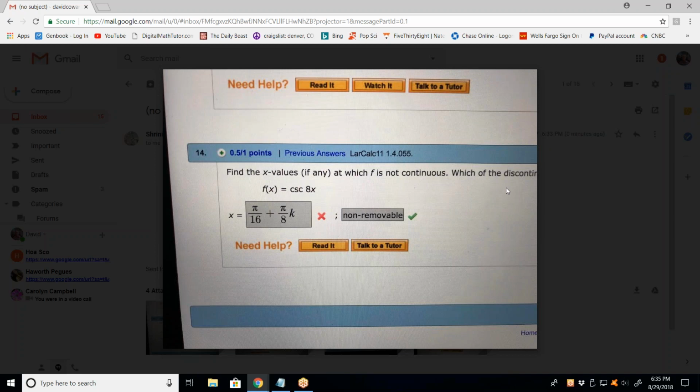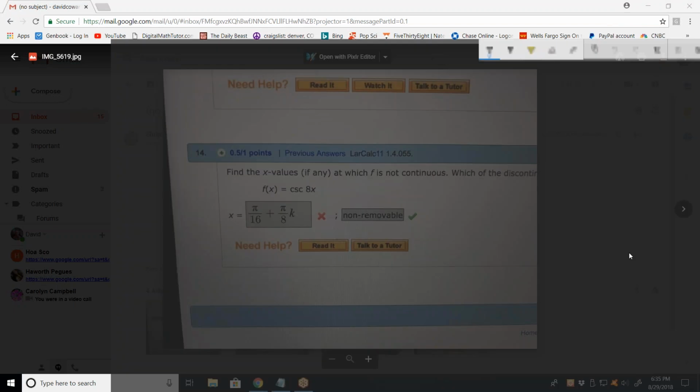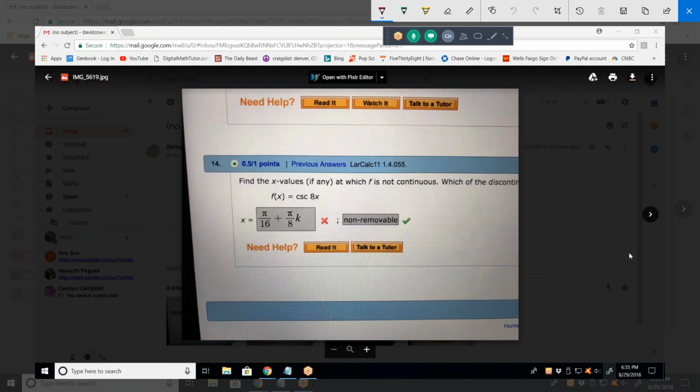Well, let's examine the function. That's the first thing we want to do. Where is cosecant undefined? I kind of forgot the domain and range of cosecant and secant. I think I need to review that. The easy way to remember this is, what's the reciprocal of cosecant? Sine. Where is sine equal to 0?